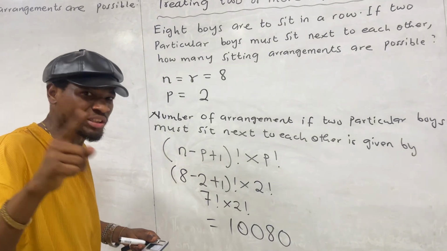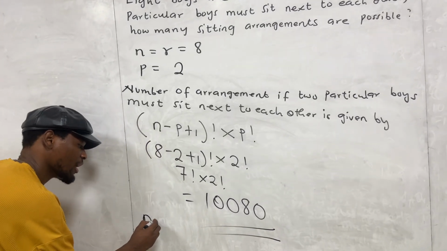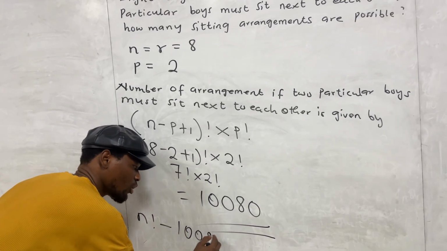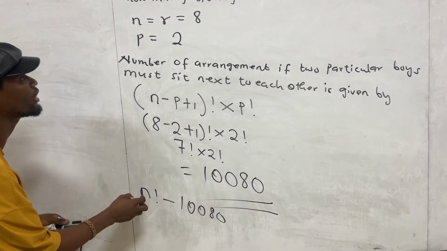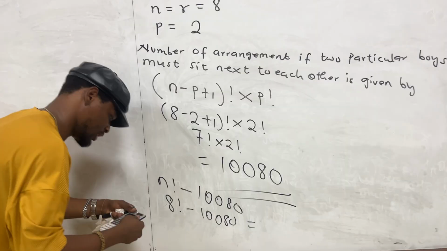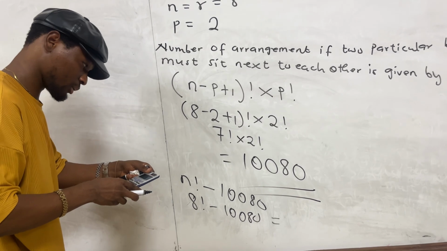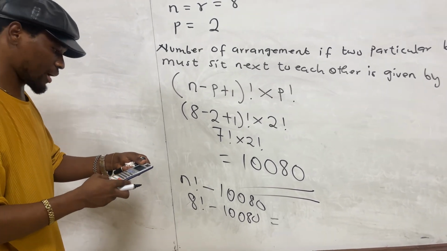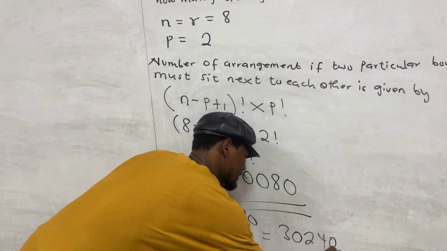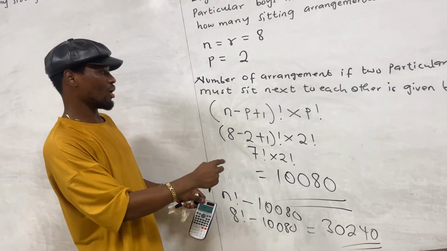If they must not sit next to each other, you use the formula n factorial minus whatever you have calculated. So n factorial is 8 factorial minus 10080, which by the help of the calculator is equal to 30240. That is if those two particular boys must not sit next to each other.